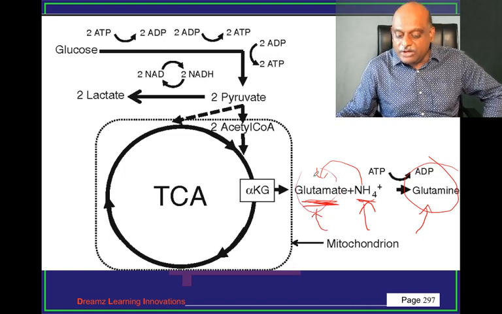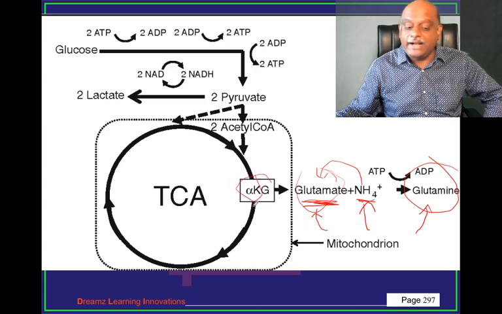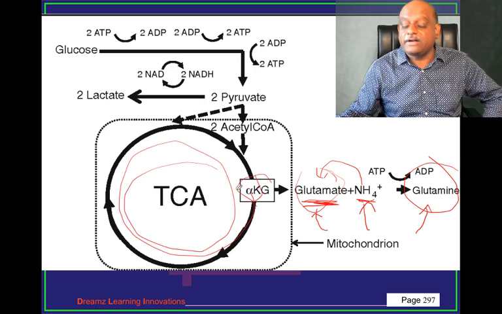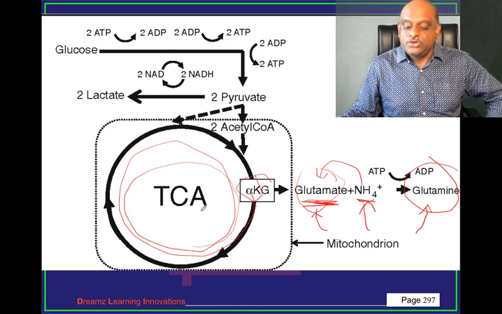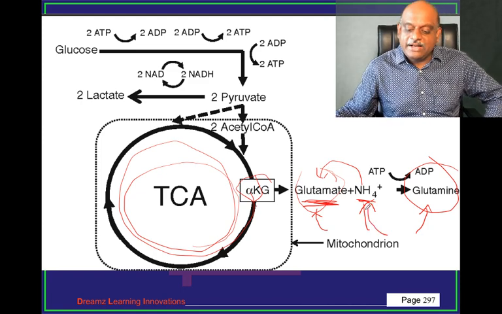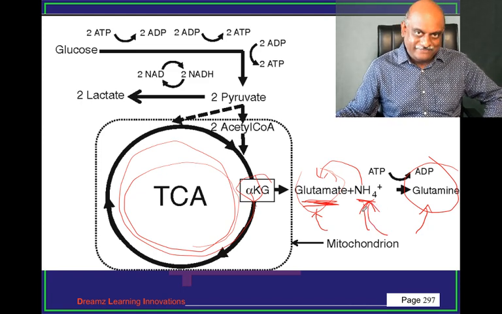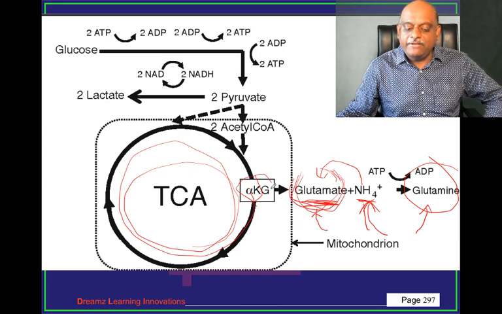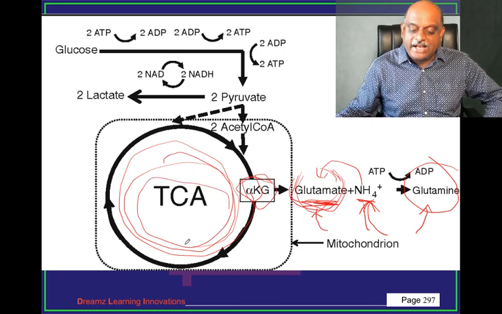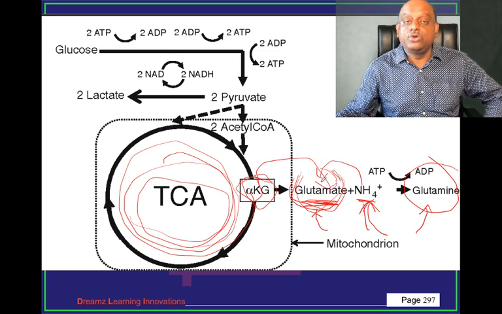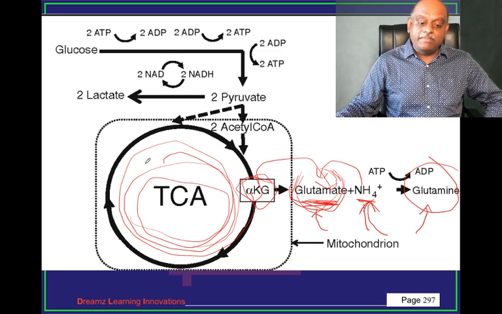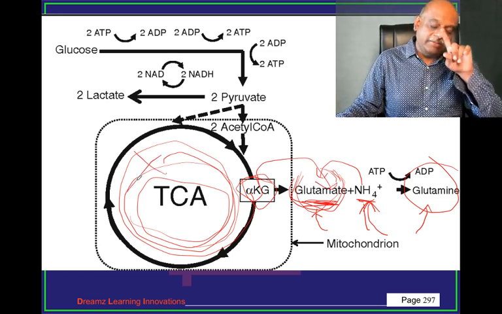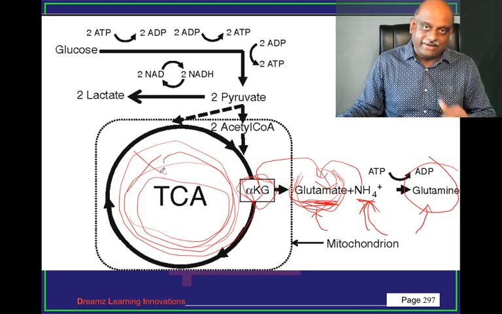From where is glutamate formed? It is formed from alpha-ketoglutarate. Alpha-ketoglutarate is a part of the citric acid cycle. So that is the reason when a person has too much hyperammonemia in the brain, all the alpha-ketoglutarate in the citric acid cycle is consumed to form glutamate. That makes the citric acid cycle no more able to work.